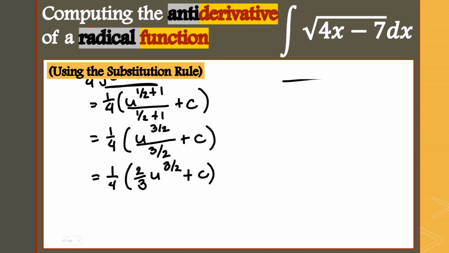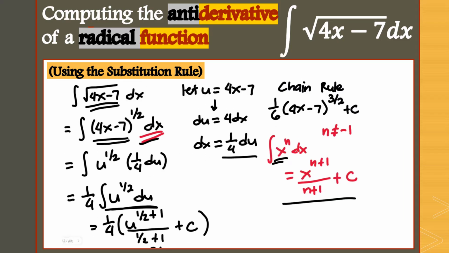Then we multiply 1/4 times 2/3. Take note, this can be simplified, right? So 1/4 times 2/3 is 2 over 12, or simply 1/6 of u to the power of 3/2 plus 1/4 of c, or just generally equivalent to c. This is the answer after using the substitution of u.